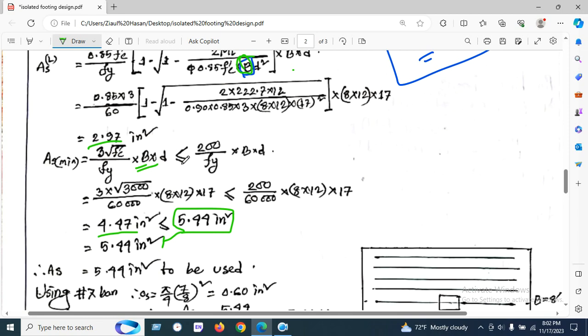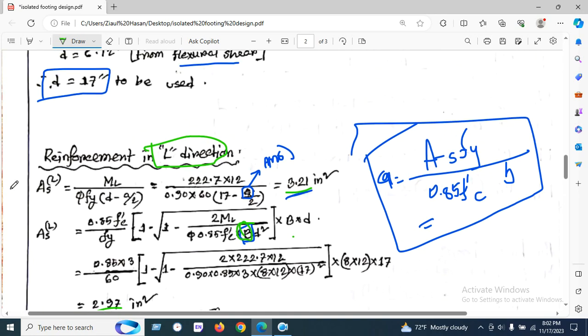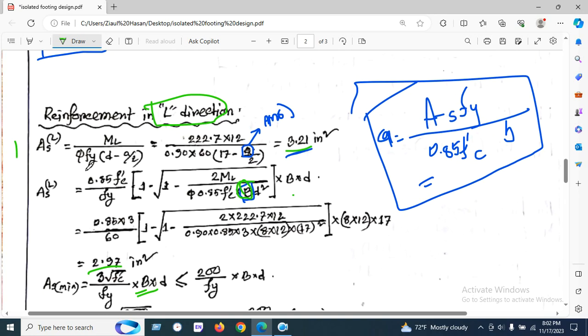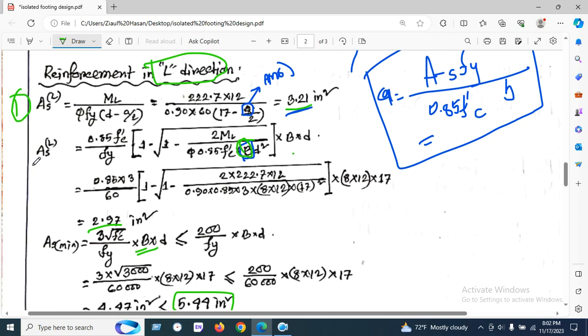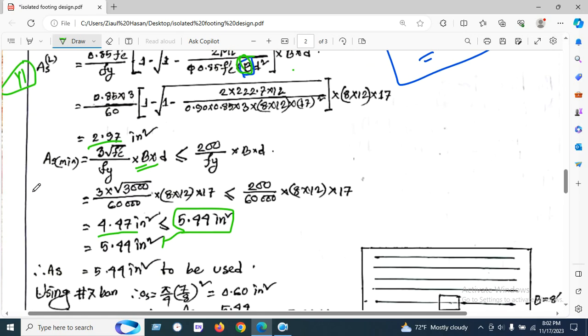If we want to conclude, the reinforcement in the L direction has equation 1, equation 2, and equation 3.